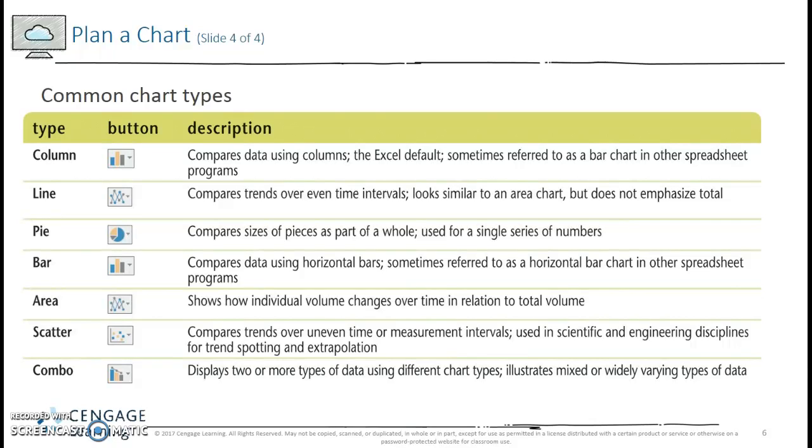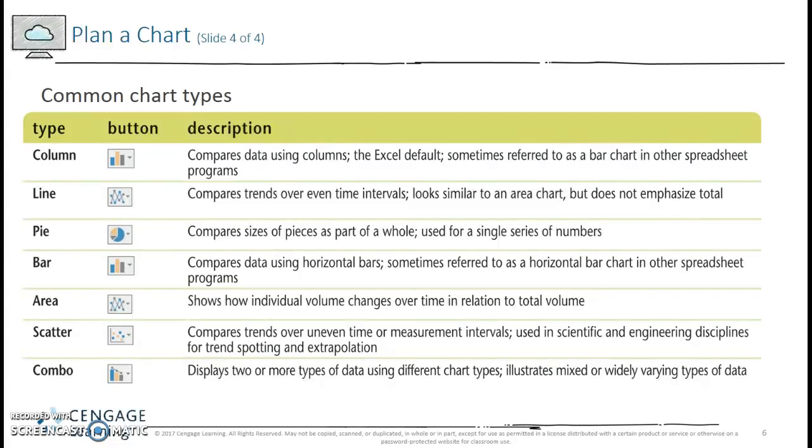A pie chart compares sizes of pieces of a whole. A bar chart uses horizontal bars that are sometimes referred to as a horizontal bar chart. This is great for when you're trying to compare values, and that works really, really well when you have that kind of data.